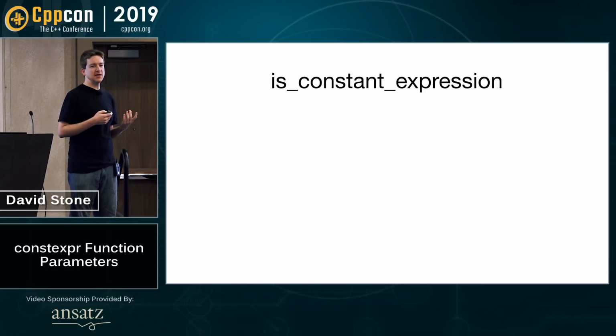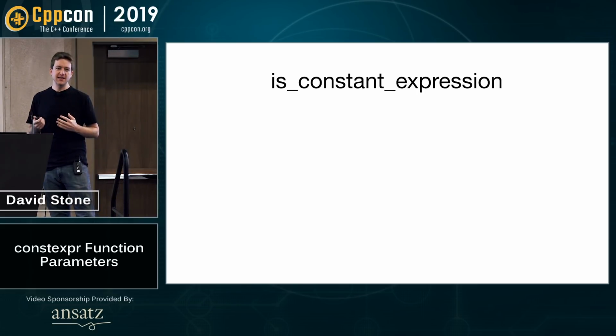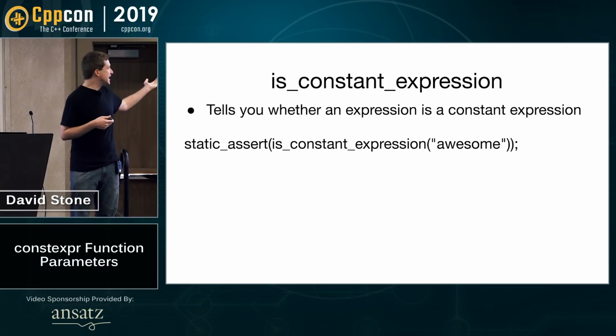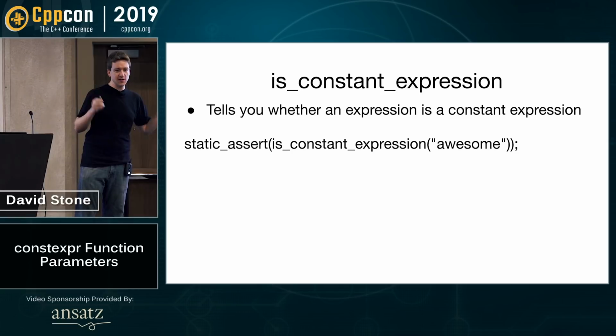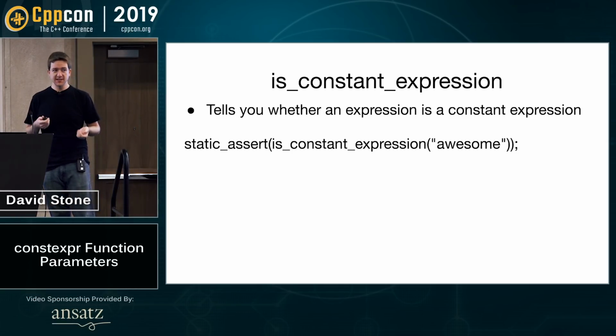Sometimes you can determine if something is a constant expression if you use brace initialization because it has to check whether it's a narrowing conversion. But you can't actually do that in every context. So for instance here, if we say static_assert is_constant_expression of the string literal "awesome", that'll pass because the string literal is a constant expression.